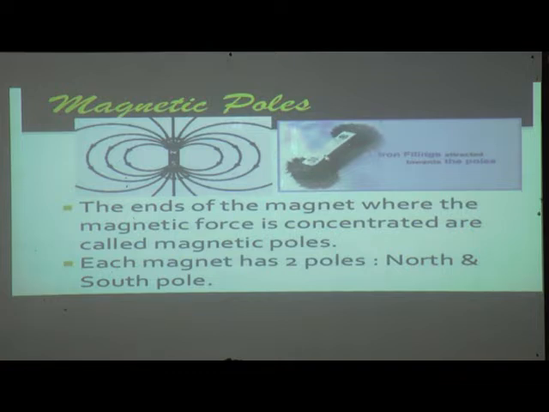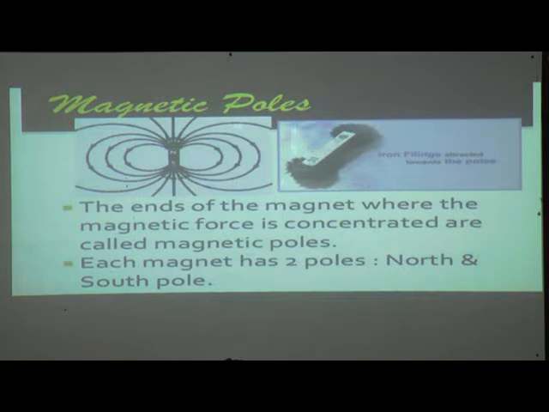At the center you will see less iron filing as compared to the ends. The amount at the end sides, at the north and south poles, is more than at the center.